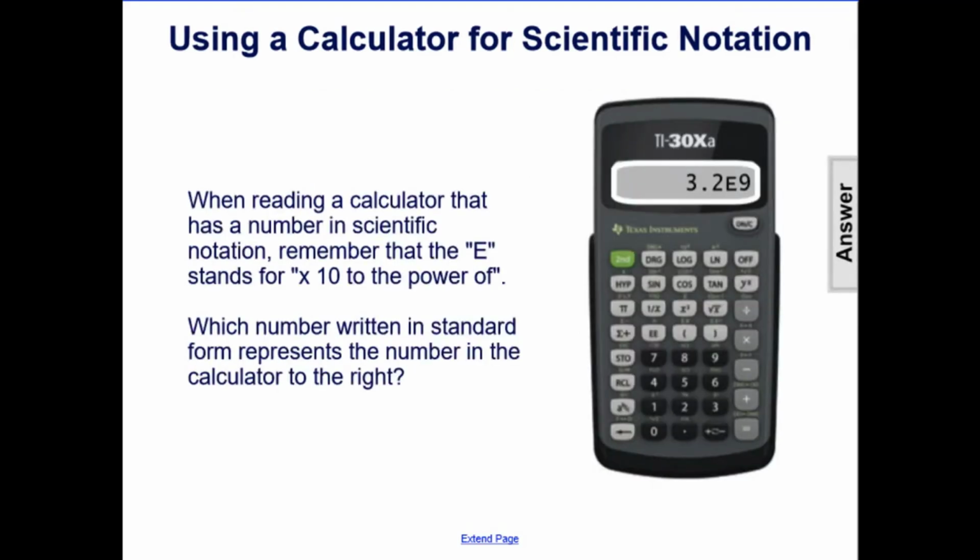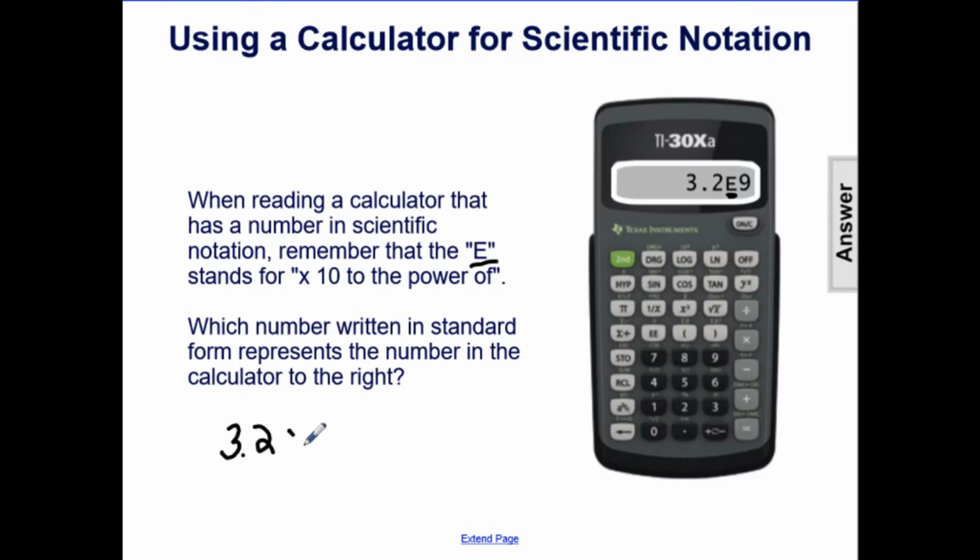When reading a calculator that has a number in scientific notation already, again, we have to remember that the E on the screen, for example here, this E, stands for times 10 to the power of. So which number written in standard form represents the number in the calculator to the right? First, it's best to note what it would be in scientific notation. You would have your coefficient of 3.2.